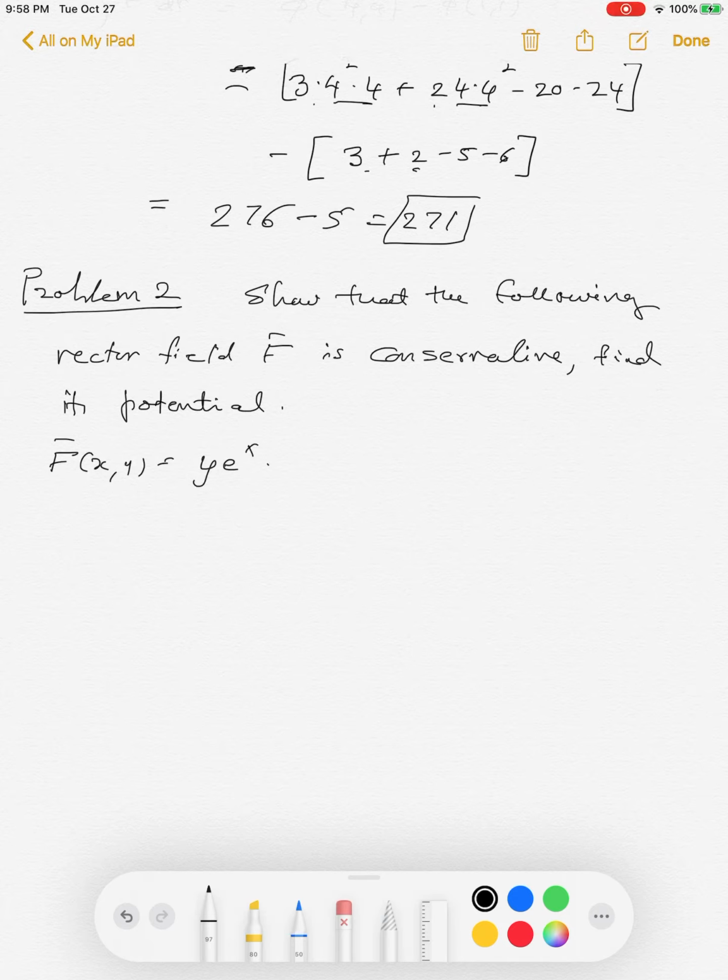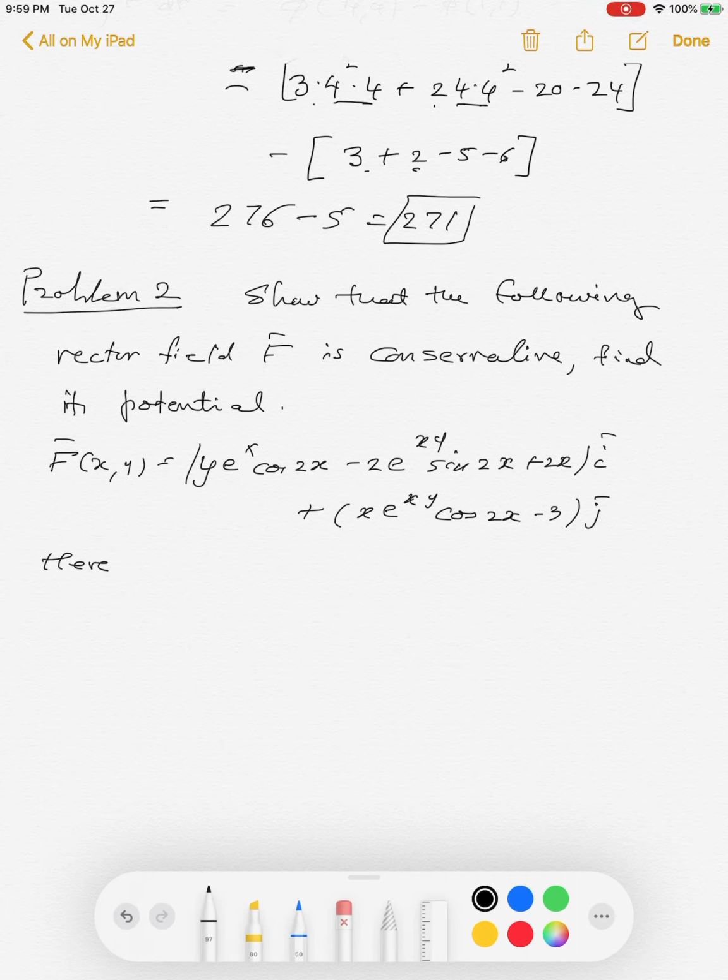So your f bar of xy is given by y e to the x cos 2x minus 2 e to the xy sine 2x plus 2x i bar. This is a long vector field. x e to the xy cos 2x minus 3 z bar.